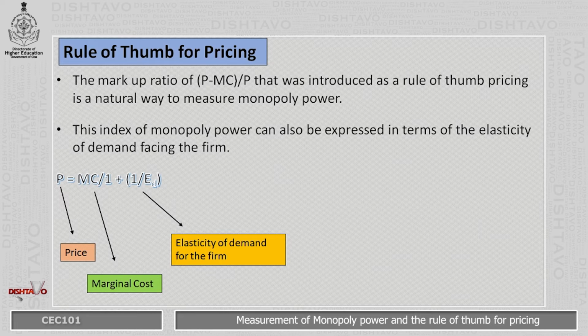This index can also be expressed in terms of the elasticity of demand which the monopolist faces in the market. The formula for the rule of thumb is: price equals marginal cost divided by 1 plus 1 divided by the elasticity of demand for the firm. So the rule of thumb for pricing uses the elasticity of demand which a monopolist faces for its product.